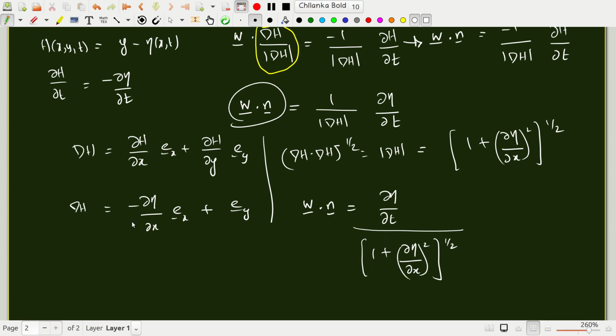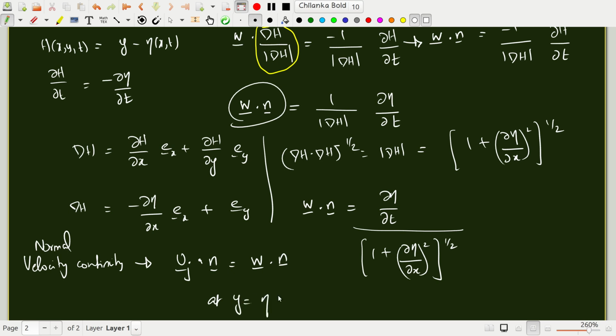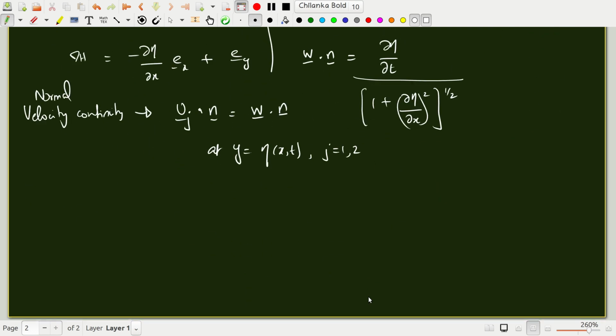Now the velocity continuity, the normal velocity continuity implies that uj dotted with n is w dotted with n at y equal to eta, and j is 1 and 2. These are the two values that the two fluids can take.